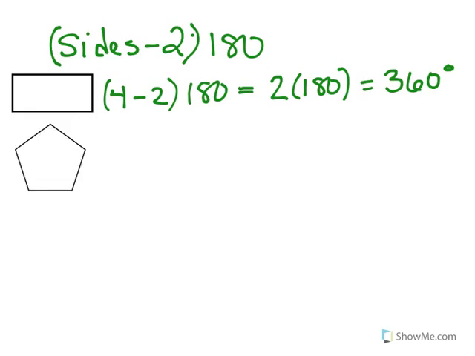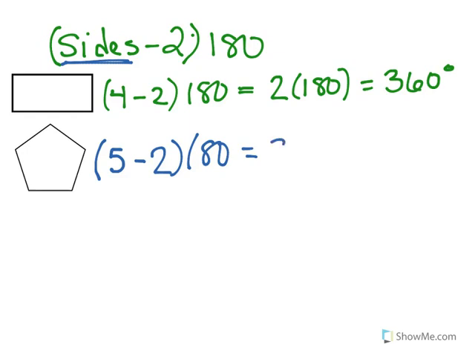So the next shape we're going to take is the pentagon and try that as well. So the number of sides, we have 5 sides. So we're just plugging it into where sides goes. 5 sides minus 2 times 180. 5 minus 2 is 3. We multiply that times 180. And what we're going to end up with is 540 degrees.